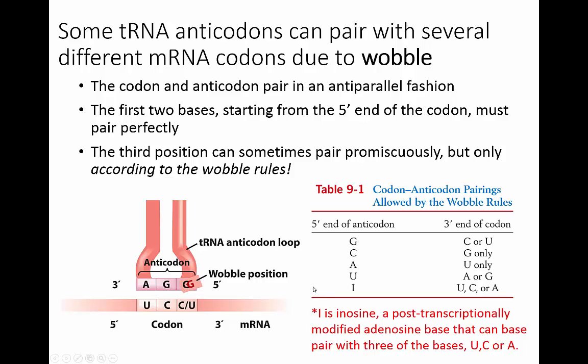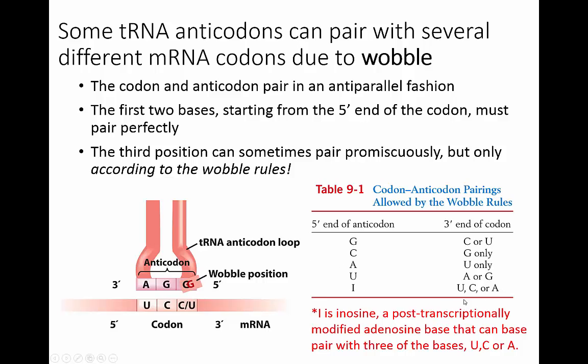There's also one other thing that can happen. If that third base is actually post-transcriptionally modified, so it started out as an adenine and it actually got changed to a different base, which is something called an inosine. An inosine can pair with 3 different bases on the messenger RNA.